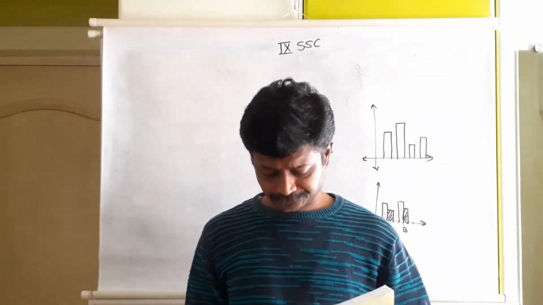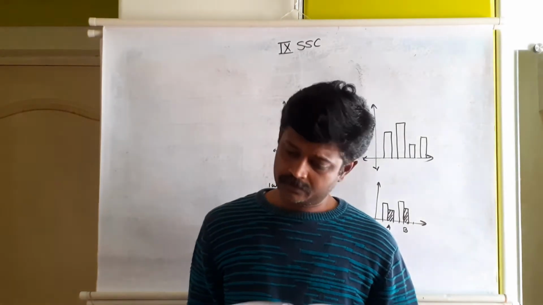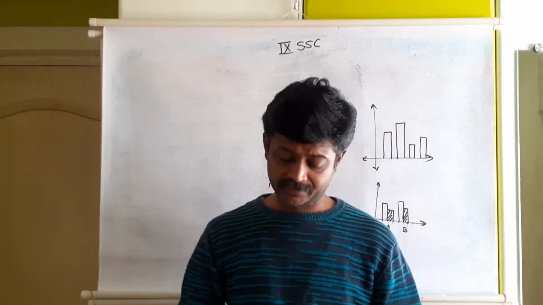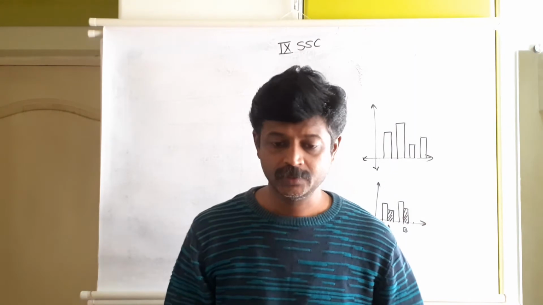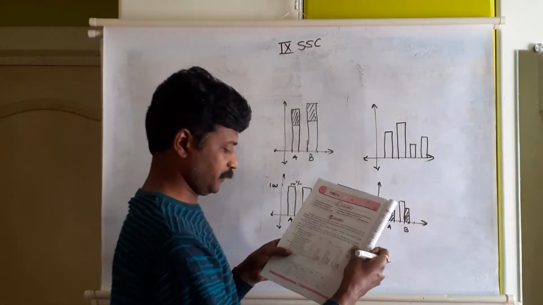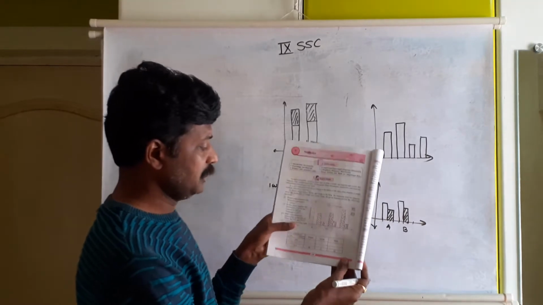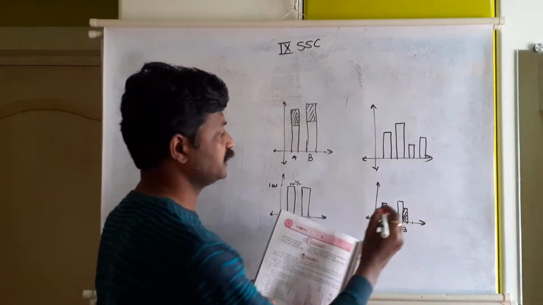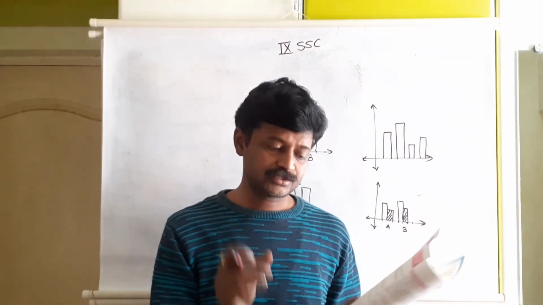Out of this, come to page number 108 of your lesson number 7, algebra book. The graph which is shown here is of this type. This is a joint bar graph. Bars are joined with each other.